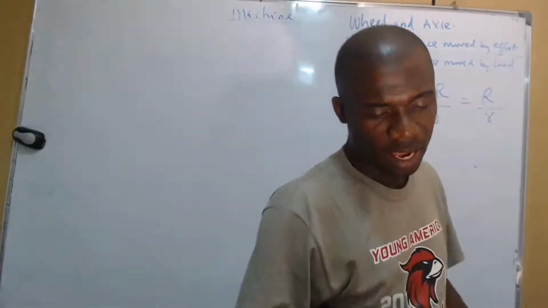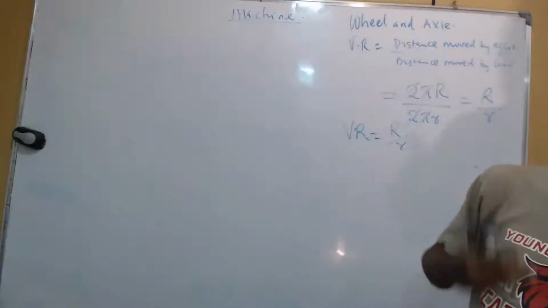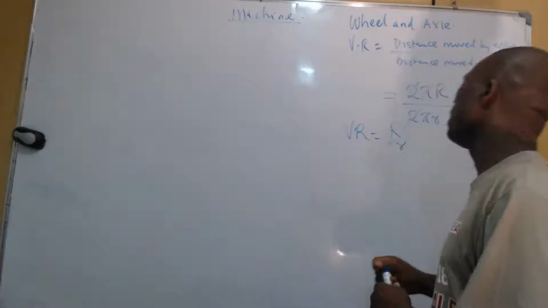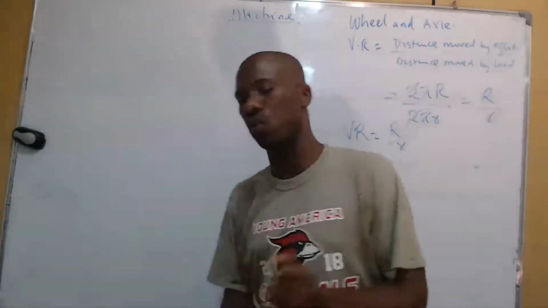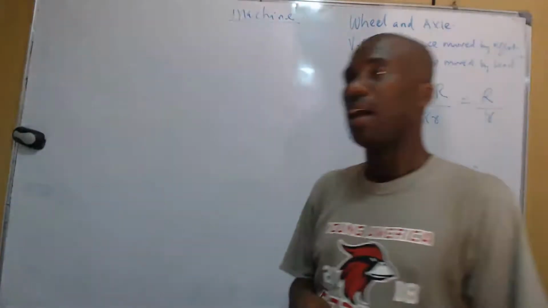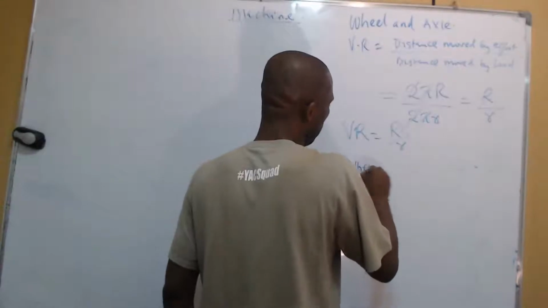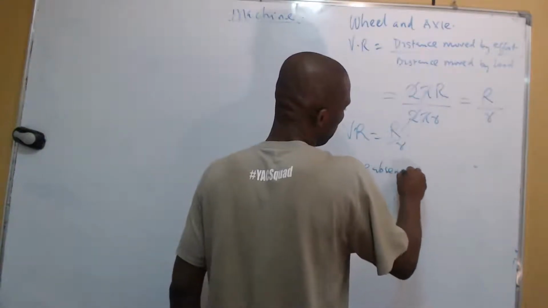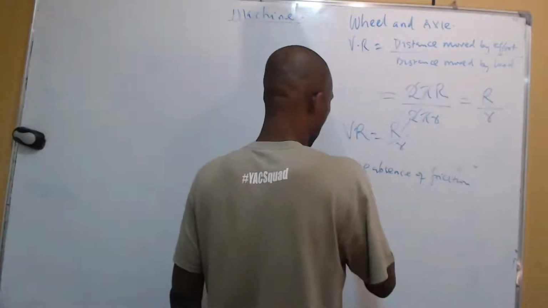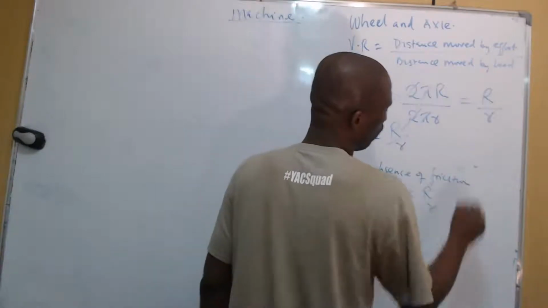Now, note that whenever there is no friction in the machine, that implies that in the absence of friction, MA is equal to VR, and is equal to big radius over small radius.